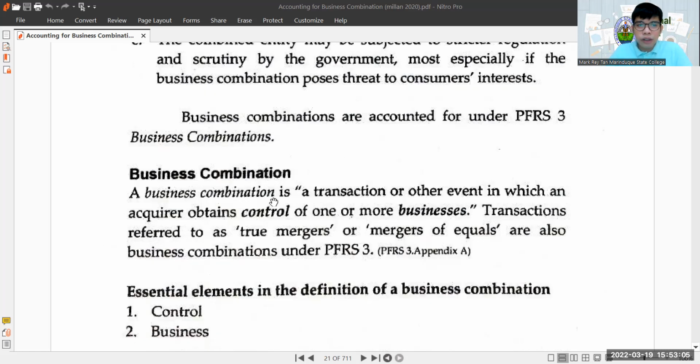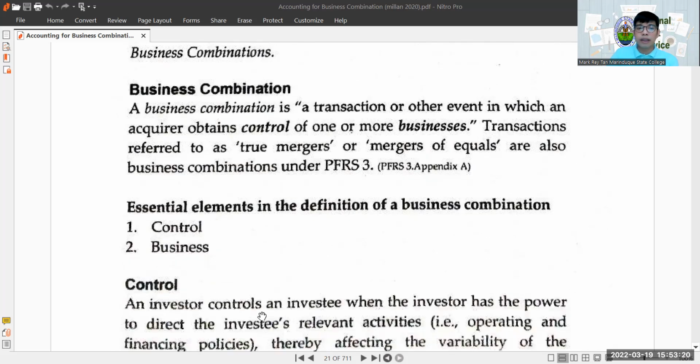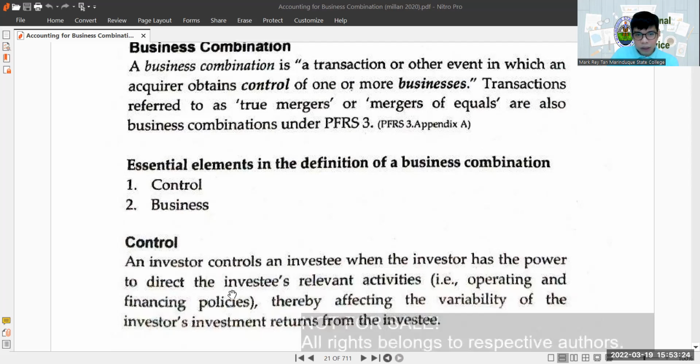Okay, so as defined, business combination, ito yung kanina, according to PFRS 3. So based on the definition of business combination under PFRS 3, there are two essential elements in the definition, which is the control and business. So when we say control, basahin natin dito: an investor controls an investee when the investor has the power to direct the investee's relevant activities.